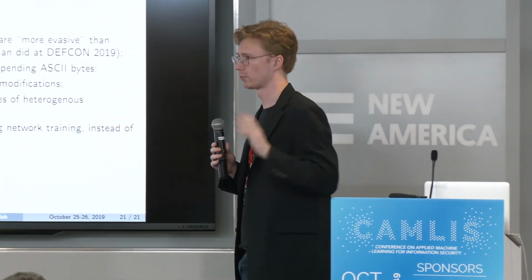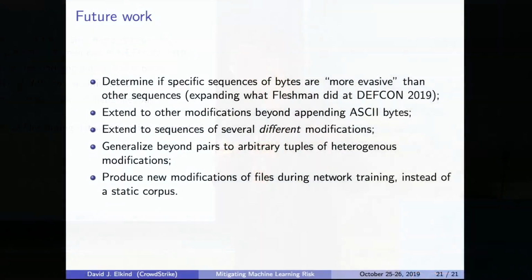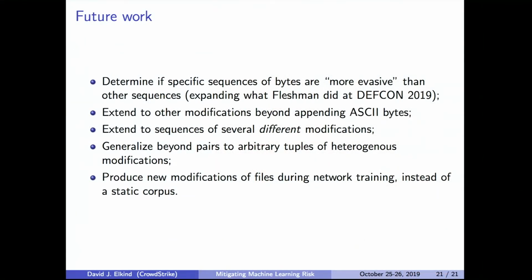So this project was a toy to demonstrate: does this regularization method have value? Does it work on certain kinds of chaff data when that chaff is the very simple modification of ASCII text? But there's a lot more work we can do with this. We can extend it to determine if some sequences of bytes that are not just random ASCII characters are more evasive than other sequences.